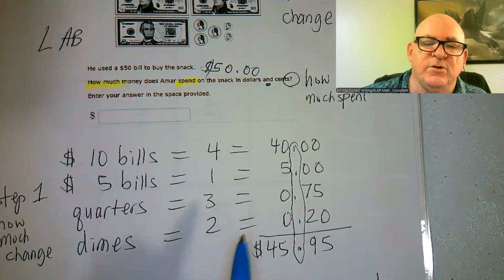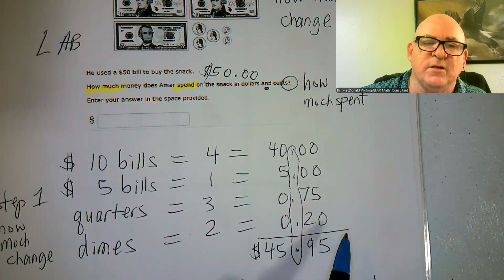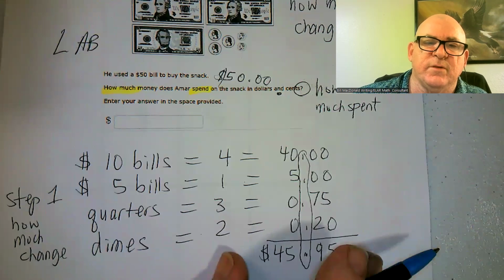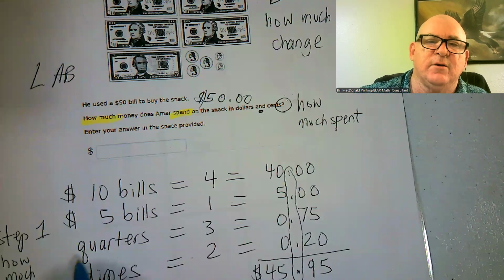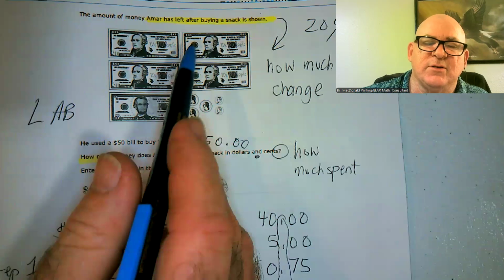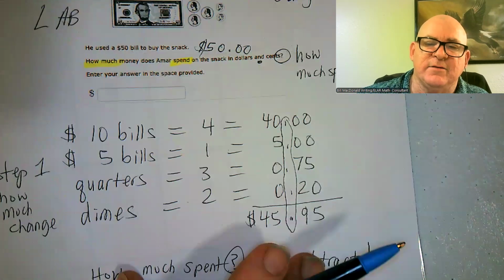Dimes, we have 2 of them at $0.20. So how much change he got, which was how much left, you'd have to add this up.